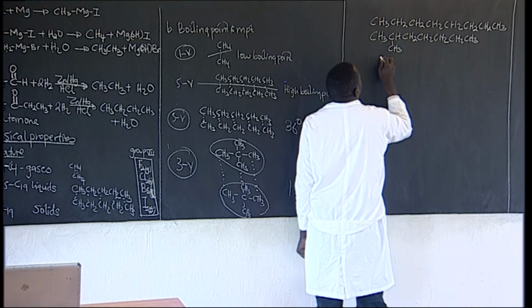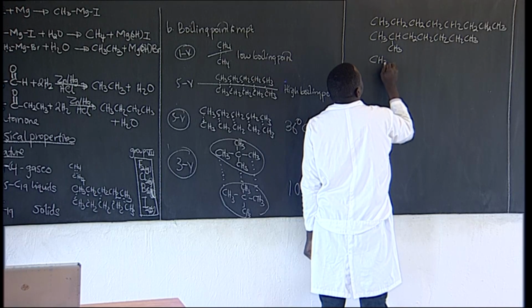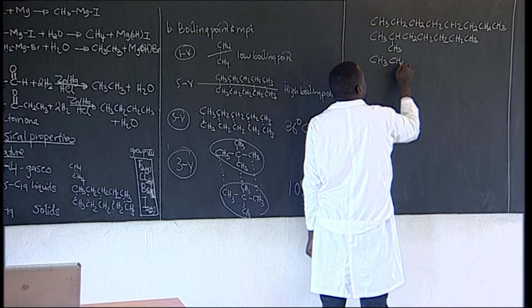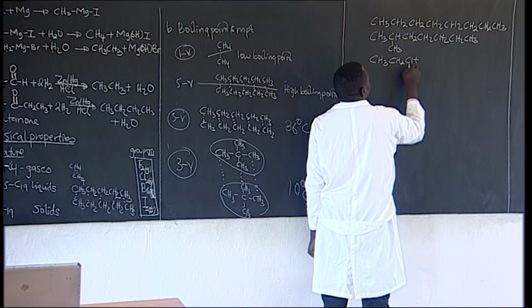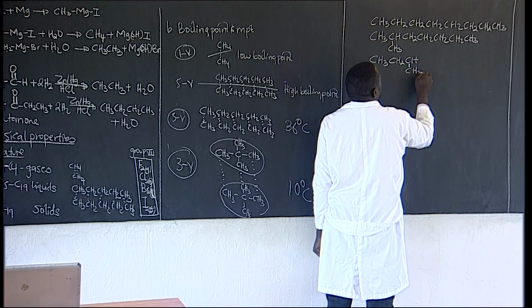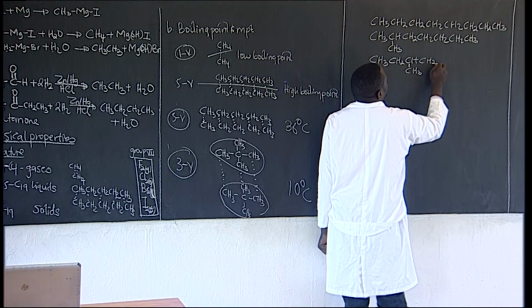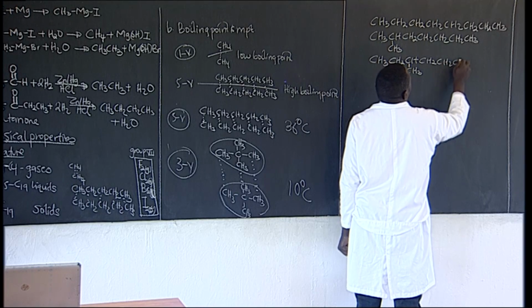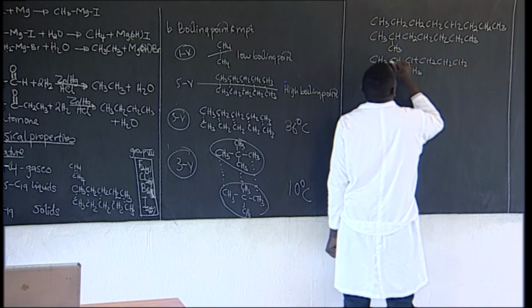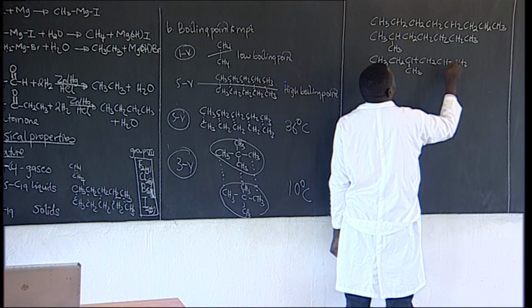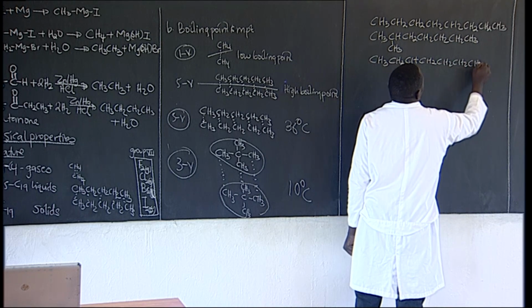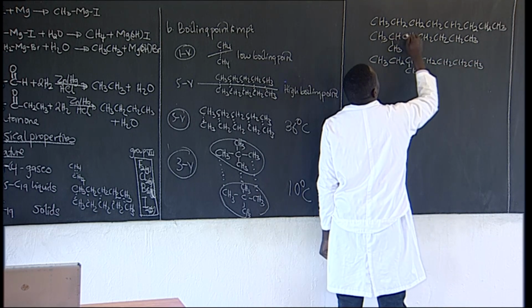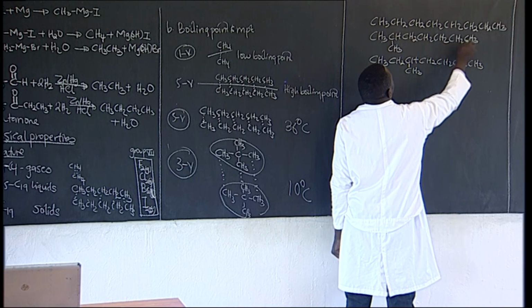We can put another one with another branch. Hope you are learning something and you are enjoying our lesson. So we are making another isomer with one branch. We have 1, 2, 3, 4, 5, 6, 7. Let's check this one: 1, 2, 3, 4, 5, 6, 7, 8.